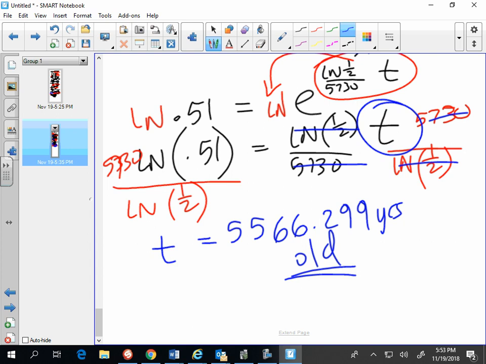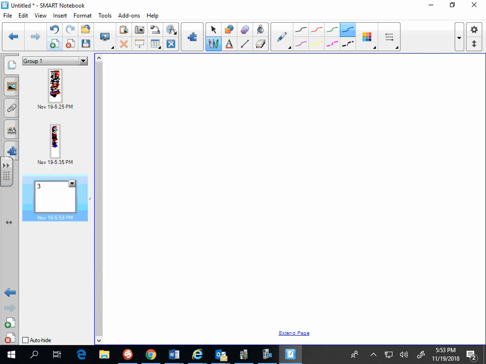Let's take a look at problem number 7. Problem number 7 deals with tuberculosis. It seems last year approximately 1.4 million people died on the planet from tuberculosis. In 2000, let's call that time equal to 0, there were 16,309 new cases registered in the United States.